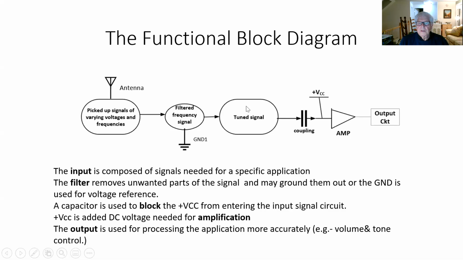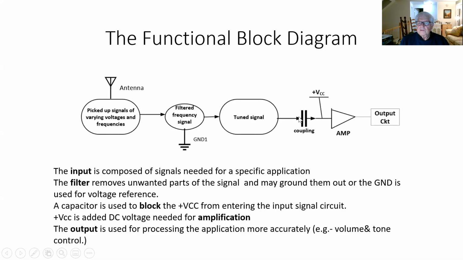So now we need a tuning circuit, which actually helps us select a certain frequency or bunch of frequencies. Those frequencies, the tuning circuit signal, is just AC, totally AC.